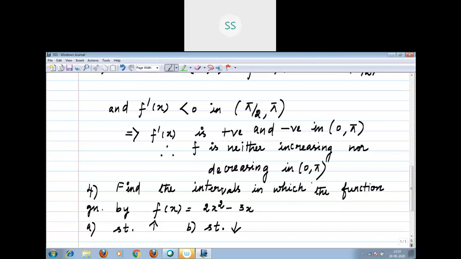Up to the third question, I told you to differentiate only. Here the word comes, find the intervals. See here, find the intervals. The word comes, you have to equate the derivative with 0.